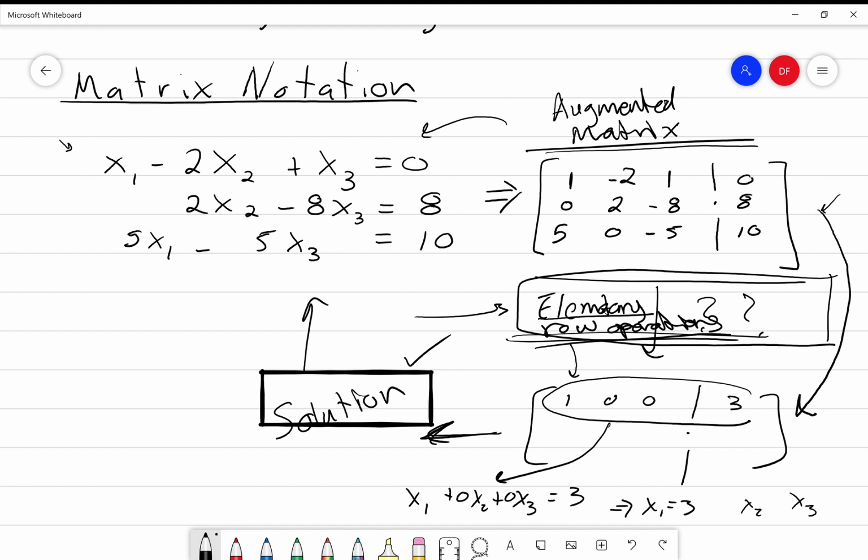So I would just need x2 and x3, and that's my solution. Okay? So now let me give you elementary row operations and then show you how to use elementary row operations to change the augmented matrix into an augmented matrix which gives us solutions.